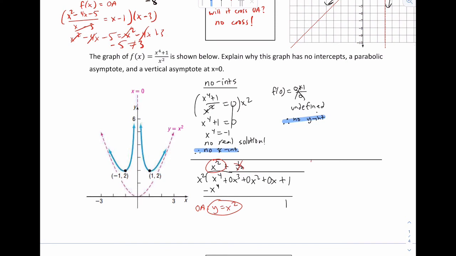And the final part, the vertical asymptote. If you look at the bottom, we can see that if x squared equals 0, then x should equal 0. Therefore, your vertical asymptote is x equals 0. I'll put a colon right there.